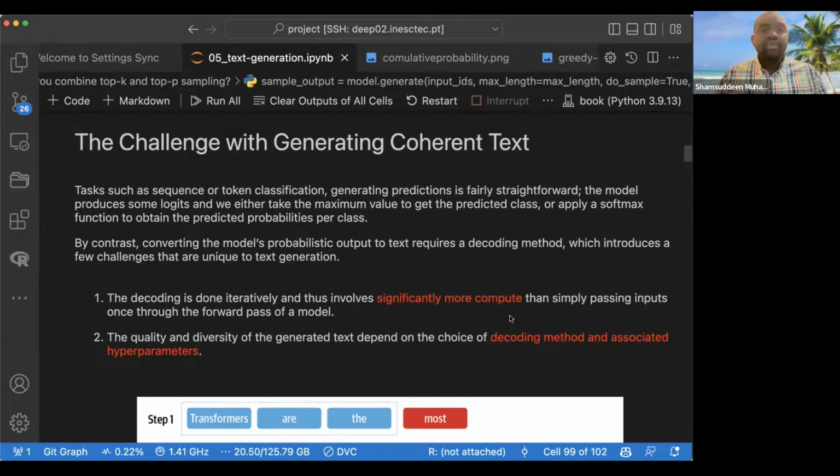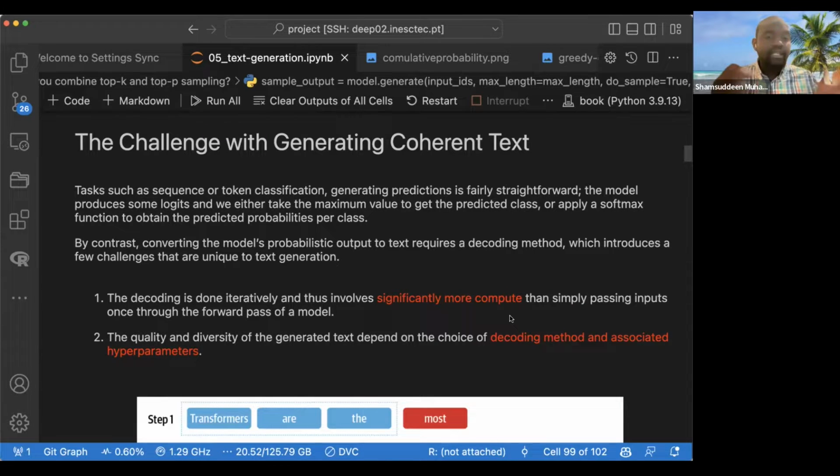The book says that in the other chapters we have seen, for classification and sequence tasks, things are basically simple in the sense that we just predict the probabilities of the next tokens, and then we select the argmax, using a softmax to select the highest probability and say this is the answer.